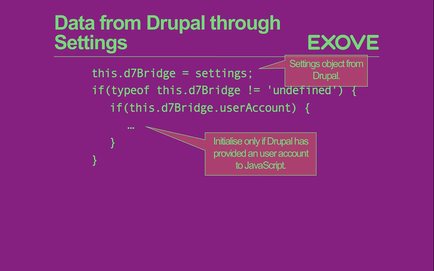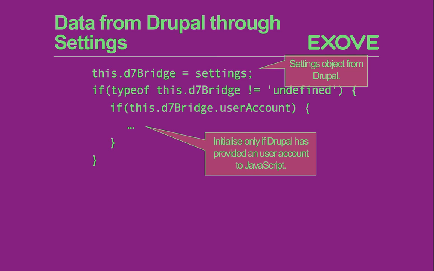So for that class we use the D7 bridge, which is the settings object that we got from Drupal. We store that for later reference. And for example, if it's missing, meaning there's a bug in the Drupal code and we don't get the configuration for the page that is using the Twig, then we stop immediately.